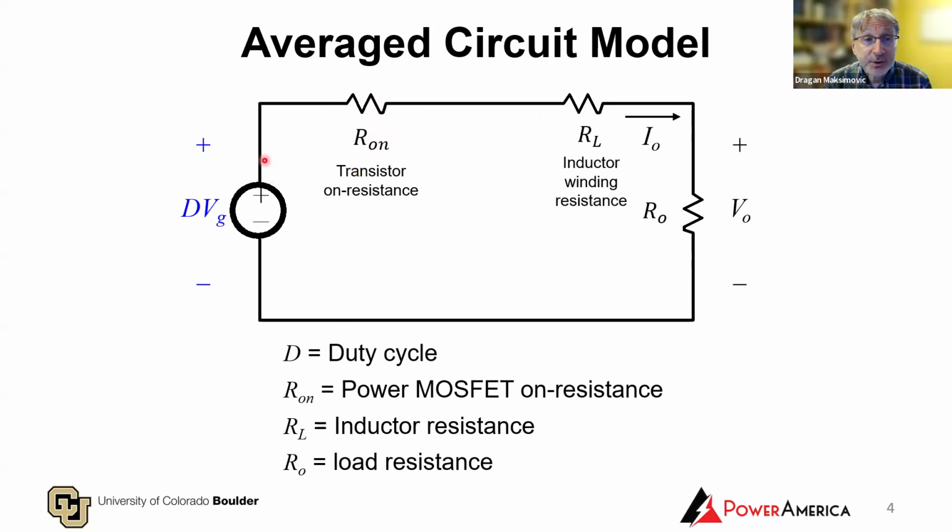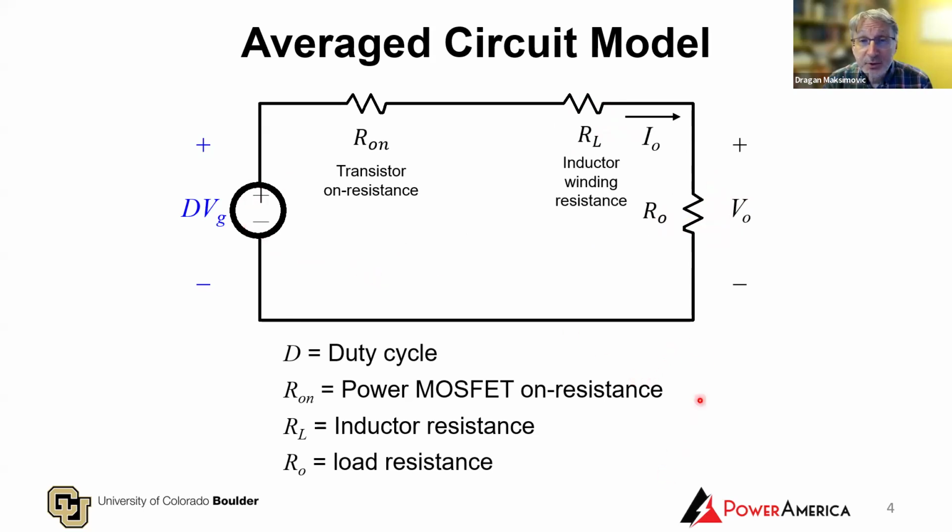The switching action results in a controllable voltage source that's proportional to the duty cycle of the switch, and the remainder of the circuit consists of a winding resistance of the inductor and a load resistance at the output. So power delivered to the load resistance R0 is the useful power, and we want to see how much smaller that useful power is compared to the power that is taken from the input source.